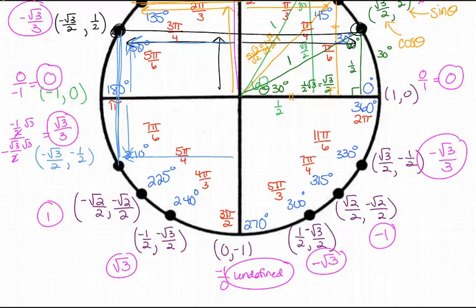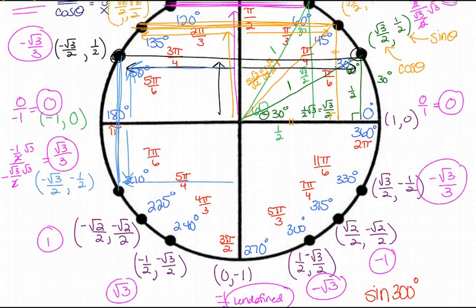I want to know what the sine of 300 degrees is. So if I want to find the sine of 300 degrees, I go to my unit circle, I find 300 degrees. If I'm looking for the sine, that means I'm looking for the y coordinate. So the sine of 300 degrees is a negative root 3 over 2.